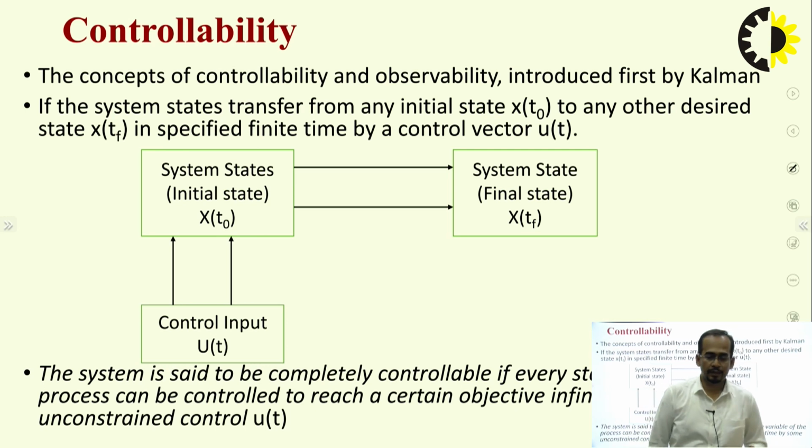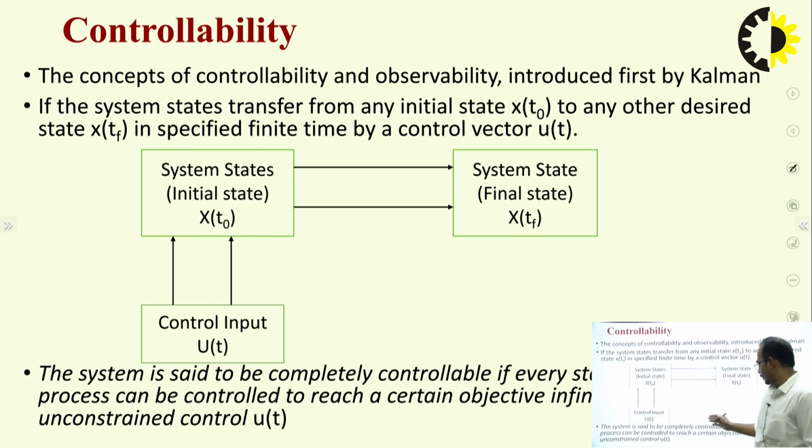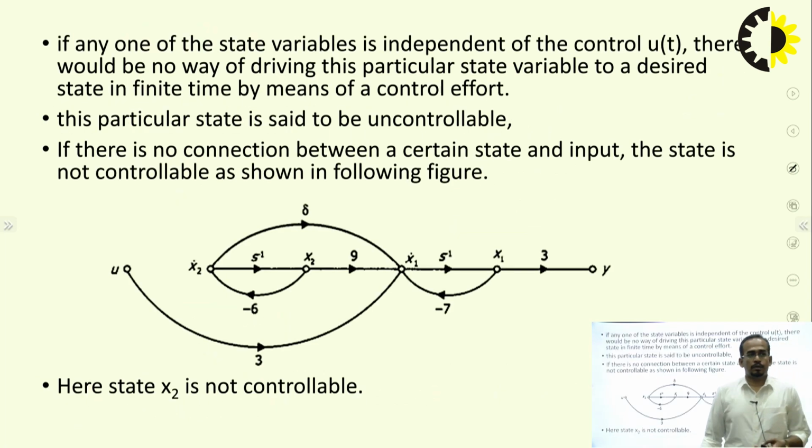The system is said to be controllable if every state variable of the process can be controlled to reach a certain objective in finite time by some unconstrained control input u(t). If any one of the state variables is independent of the control input u(t), there would be no way of driving this particular state variable to a desired state in finite time by means of the control effort.